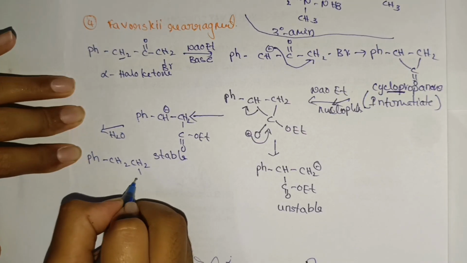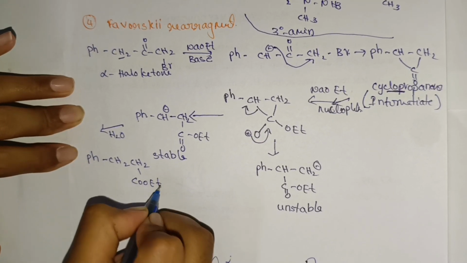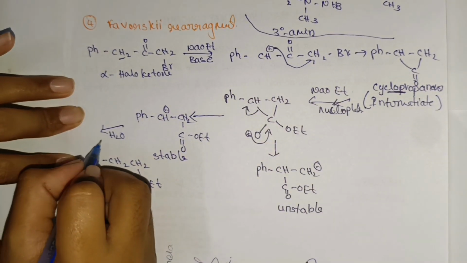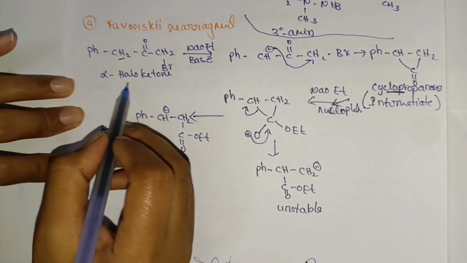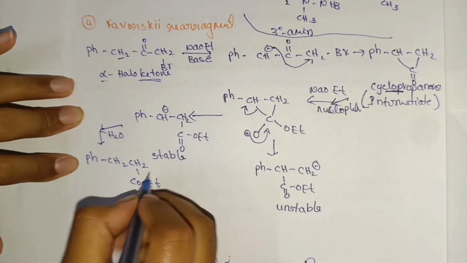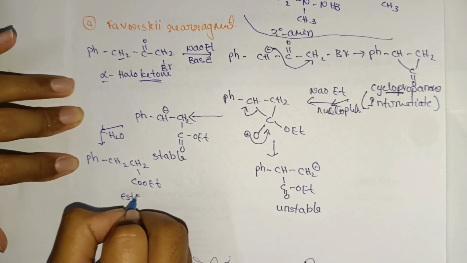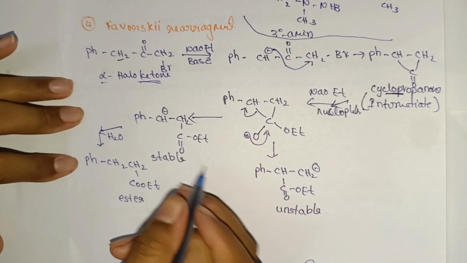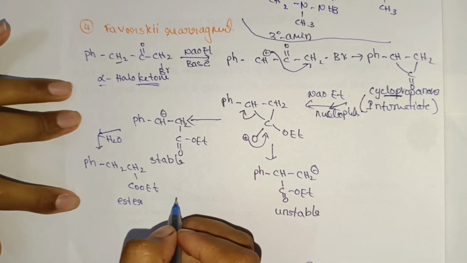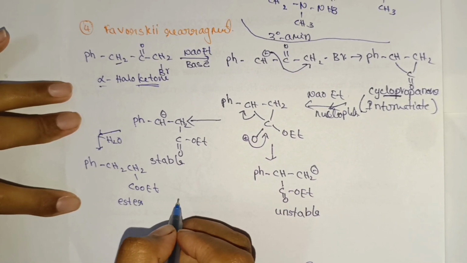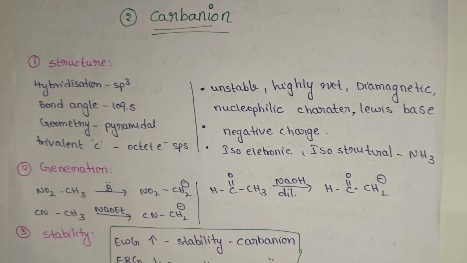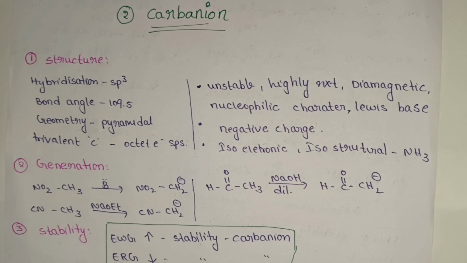Finally, it forms an ester. Alpha haloketone forms ester. This is the Favorskii rearrangement. So this is the end of the carbanion.